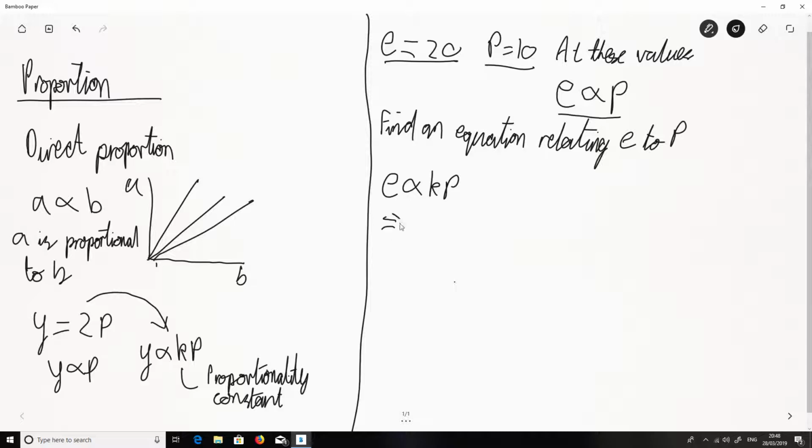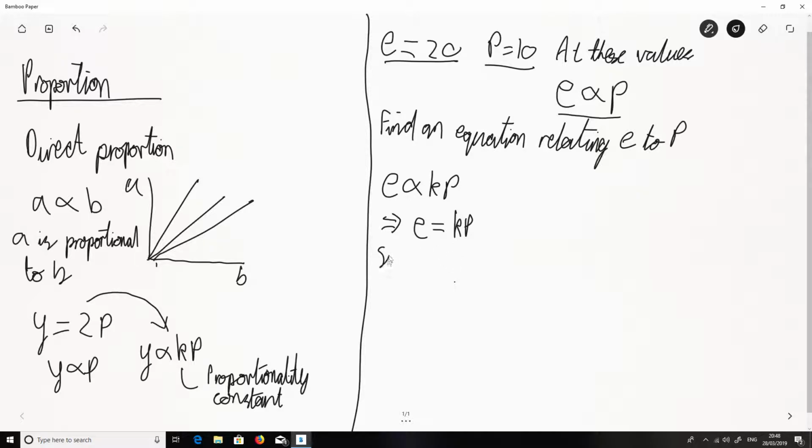So E proportional to Kp indicates that E is equal to Kp because we have a value of each at the same point. So like we know that they're directly proportional at these two points. That means that something has happened to P to make it the value of E. So that means we can go from a proportionality relationship to an equation like this.